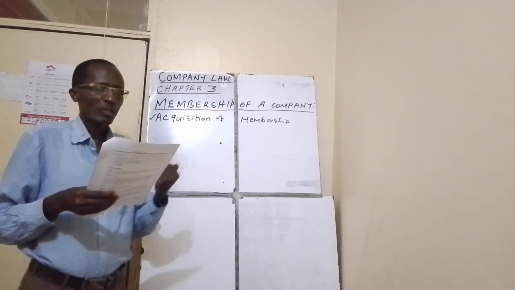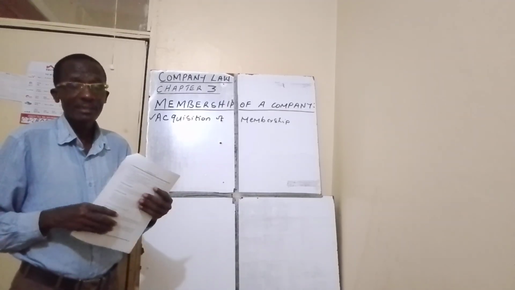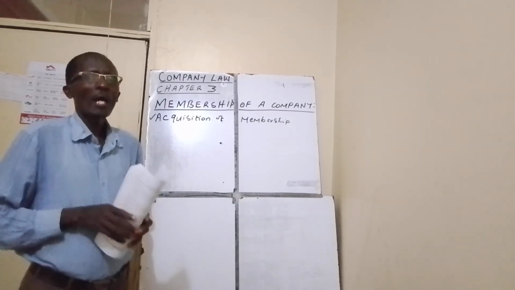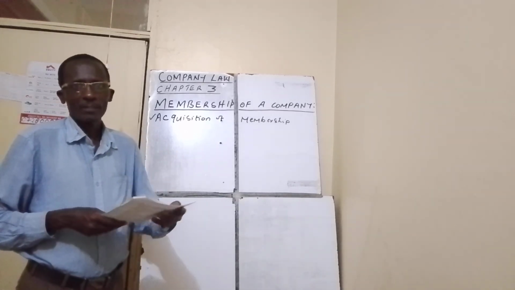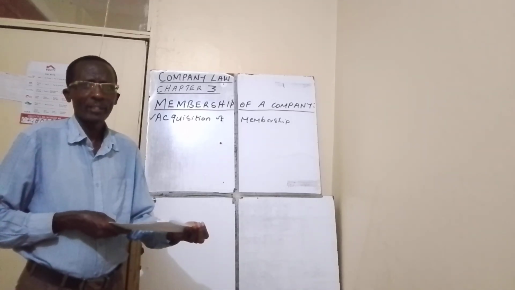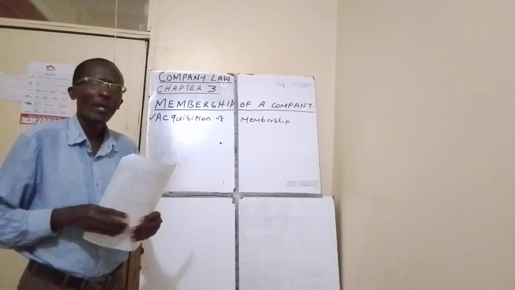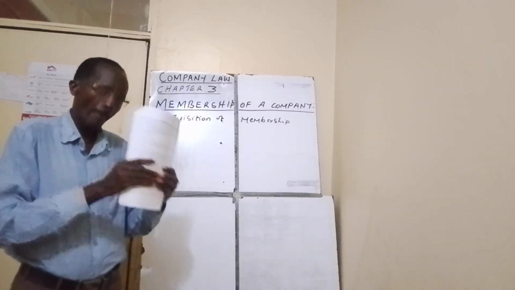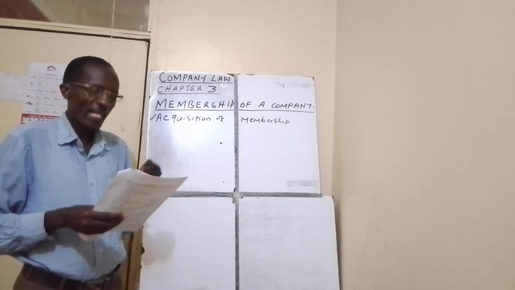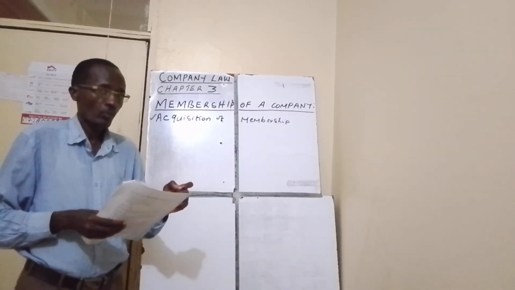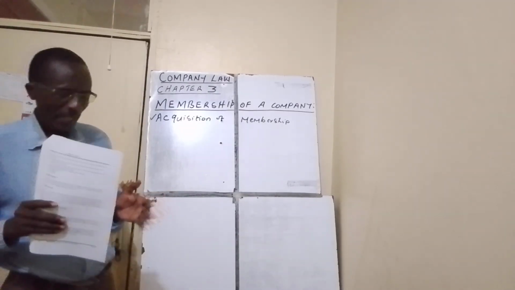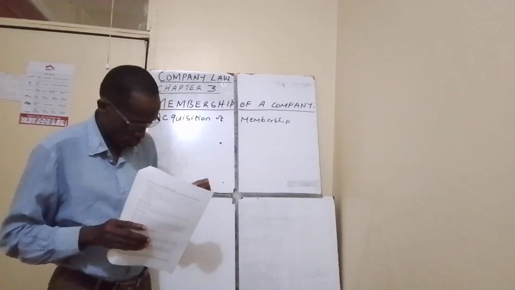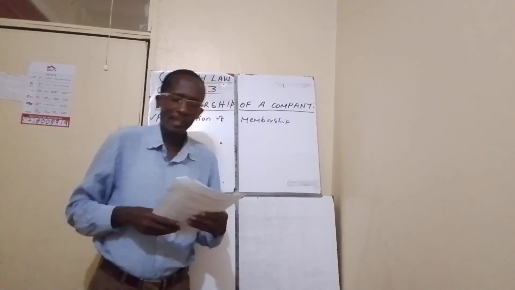So compliance with section 182 implies that you become a member once you have acquired the qualification shares. You can't become a company director without acquiring a certain percentage of shares of that particular company. So compliance with section 182 subsection 2 is whereby we are talking about a director having acquired a certain percentage of shares in that particular company.